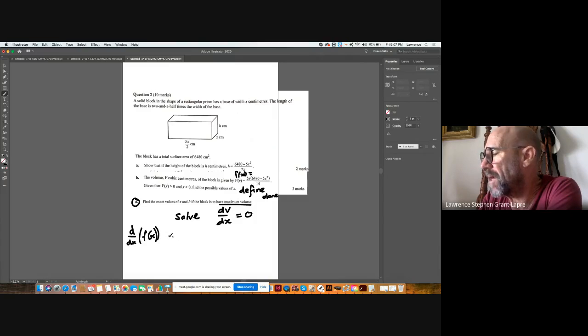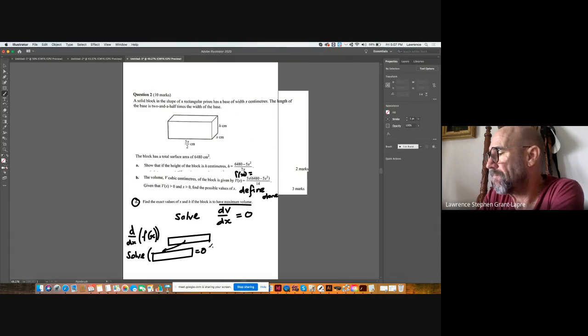Okay, I would do that. And then I would solve. I would copy that derivative and let that equal to 0 and get the value for x. And the trouble with this is you're going to get a calculator version which is going to say 20.7846.